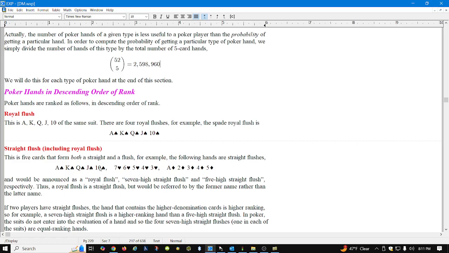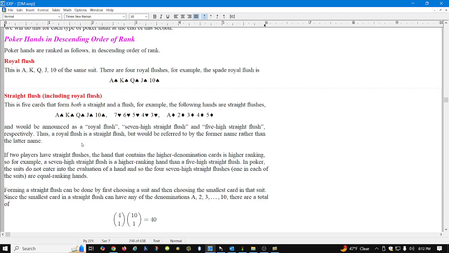This would be announced to the other players as a royal flush. This would be announced as a 7 high straight flush, 5 high diamond straight flush, or just 5 high straight flush. So a royal flush is a straight flush, but you call it a royal flush because that's a higher type of hand.